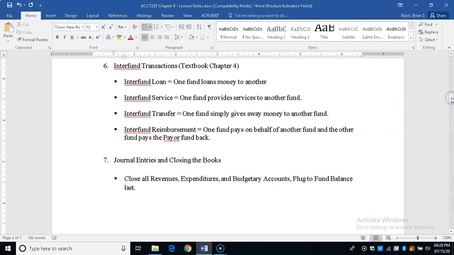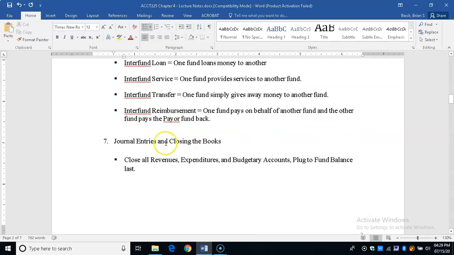Okay, so let's take a look at an illustrative problem. We're going to do some journal entries here. We're going to make the closing entry. So remember, closing entries, you can use multiple step or single step. We'll do the single step process for closing entries. And the thing to remember is when you do a closing entry, close out all of your temporary accounts.